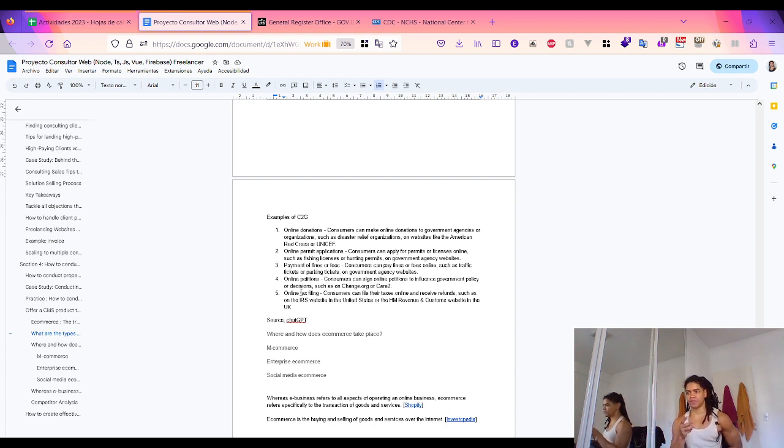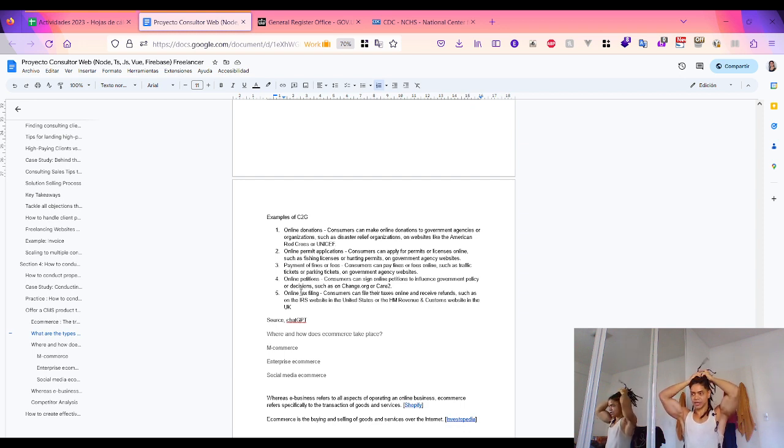Payments of fines or fees. Consumers can pay fines or fees online, such as a traffic ticket or parking ticket, on a government agency website. Online petitions.